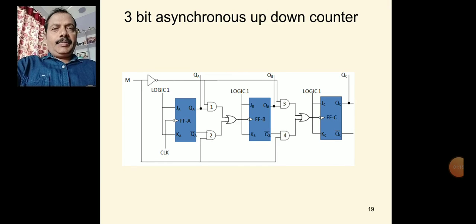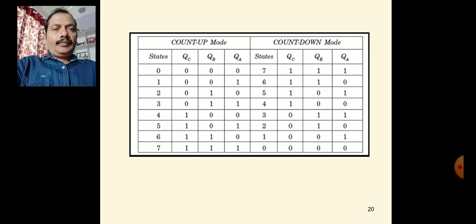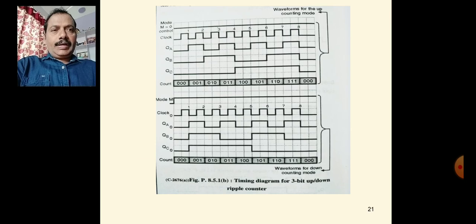This is the 3-bit asynchronous up-down counter we have discussed. You see it counts from 0 to 7 or 7 to 0. Count up mode and count down mode, that we have seen.